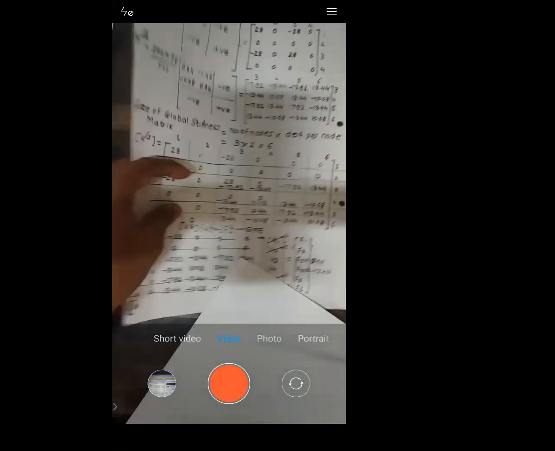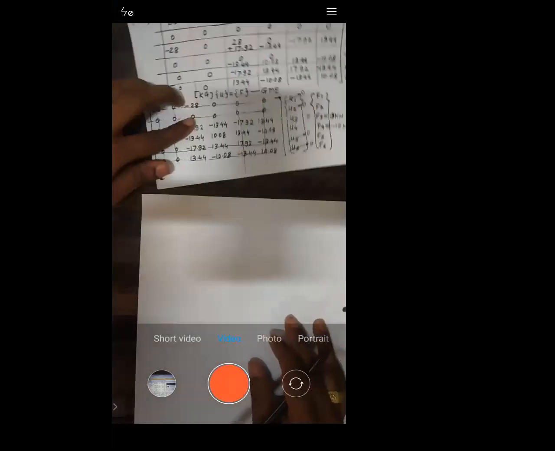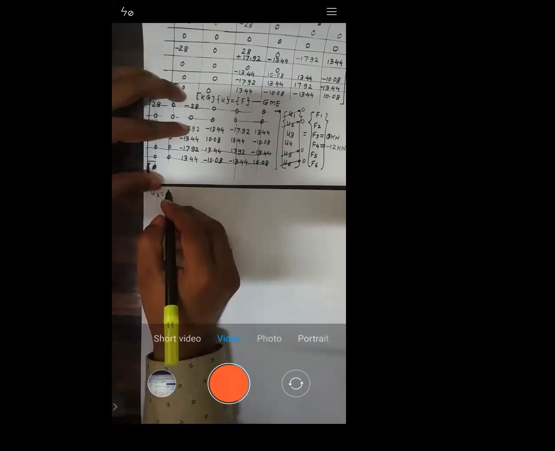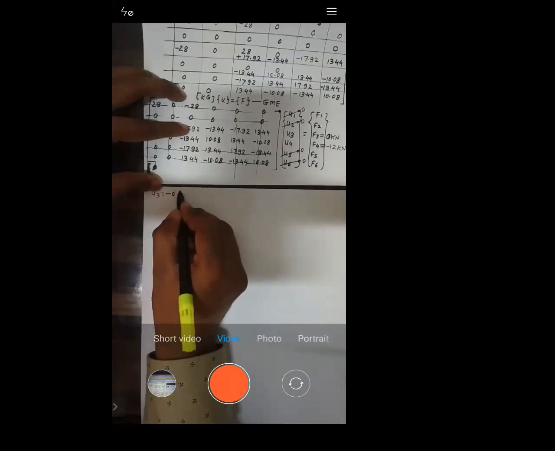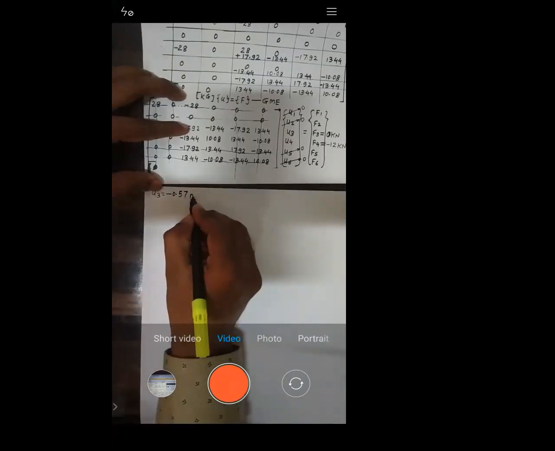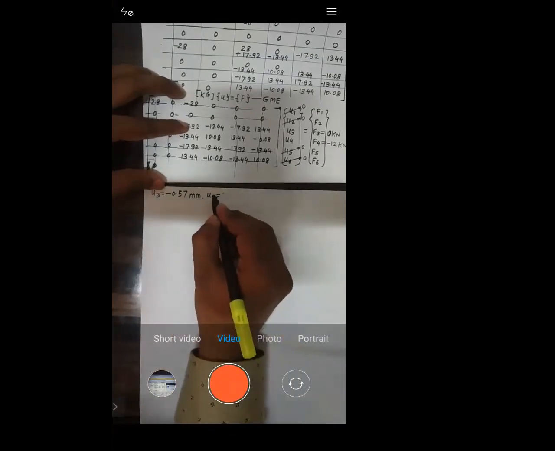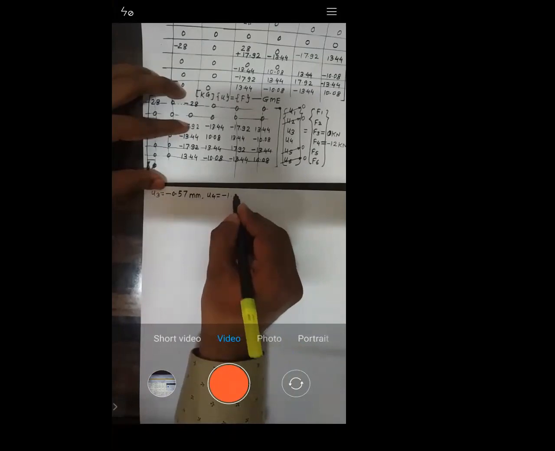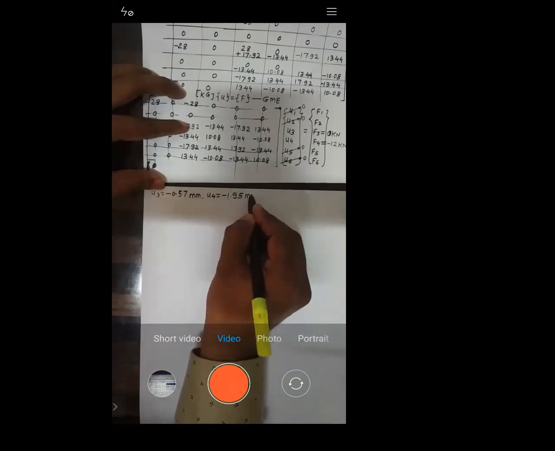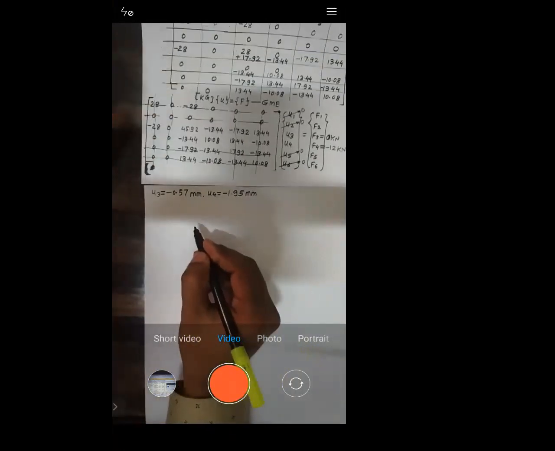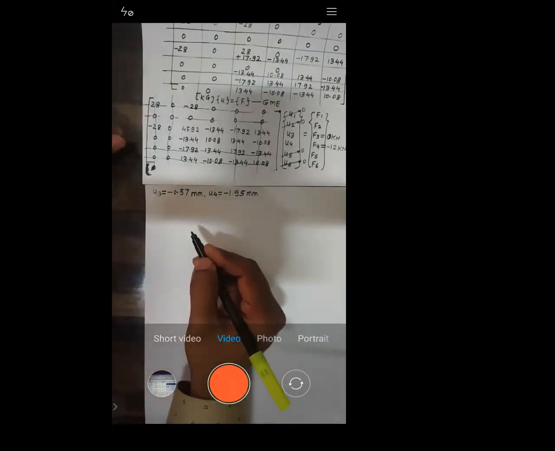What value of displacement you are getting? U3 is minus 0.57. Okay, this is in mm. And U4 is minus 1.95. Is it okay? All of you check whether you're getting the same answers or not.